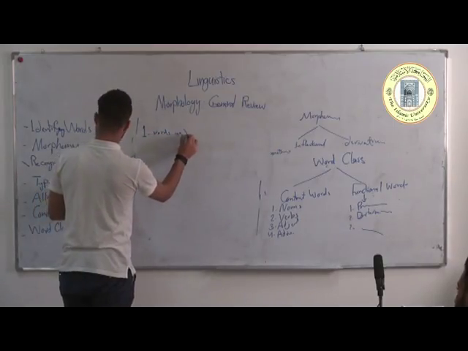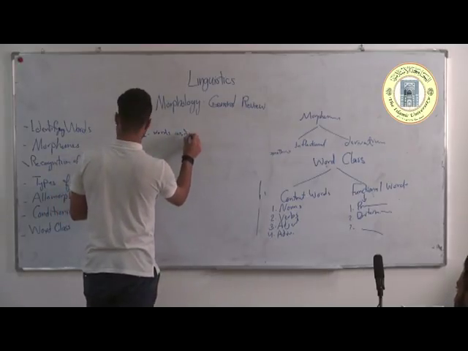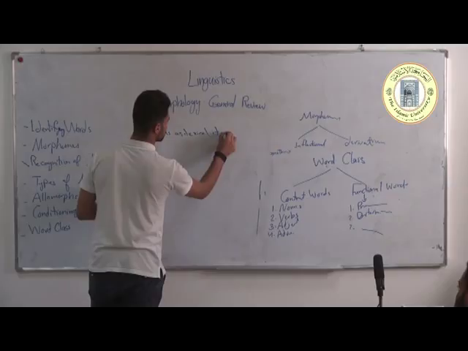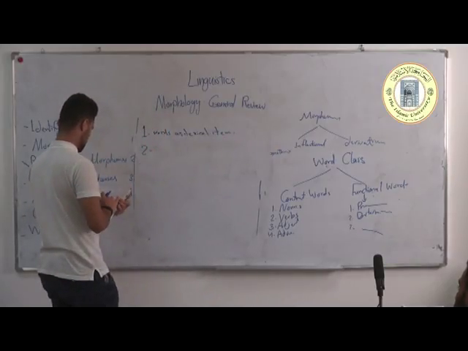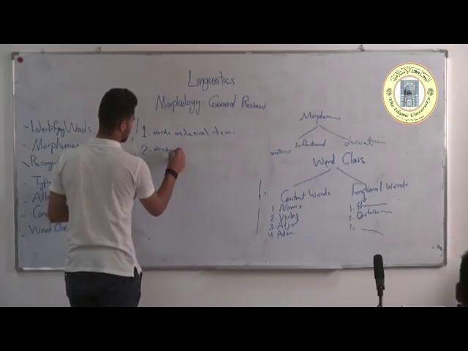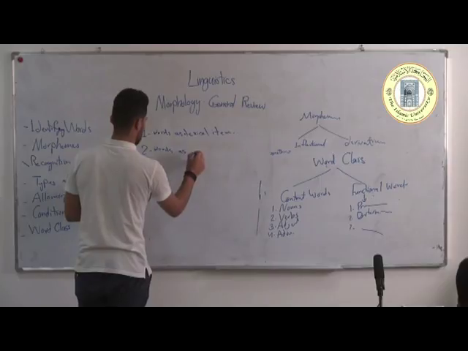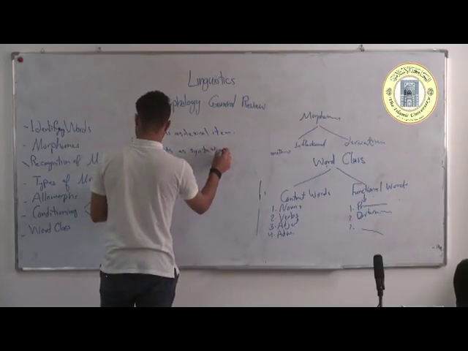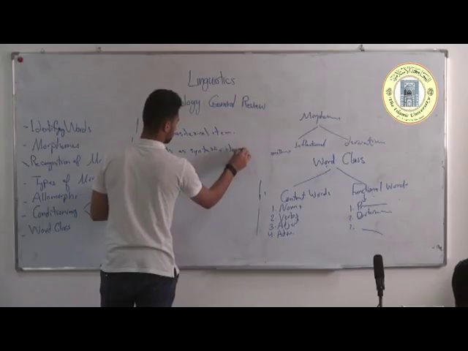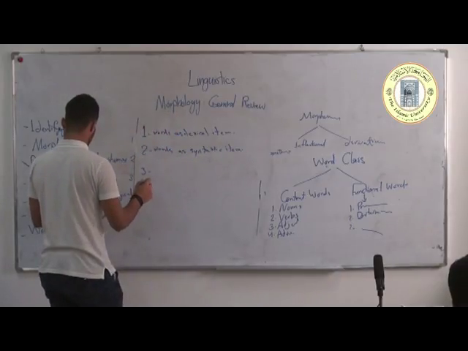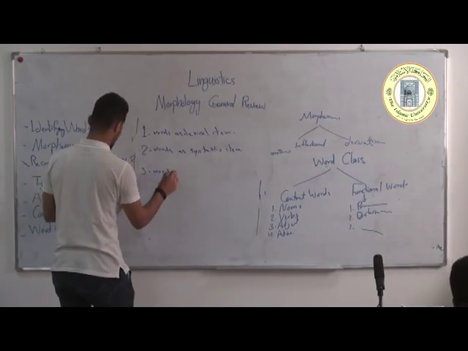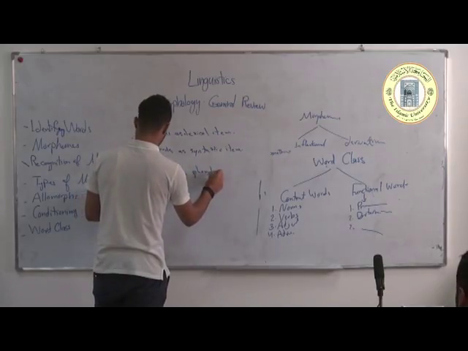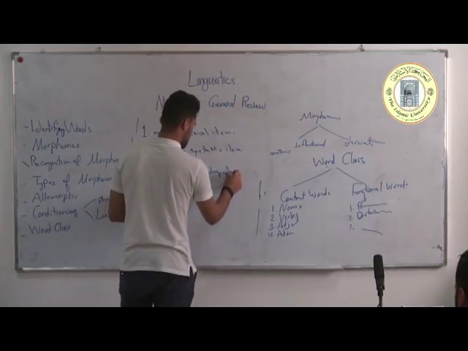Can we say words as lexical items? These are three ways of identifying words: words as lexical items, words as syntactic items, and words as phonological items.